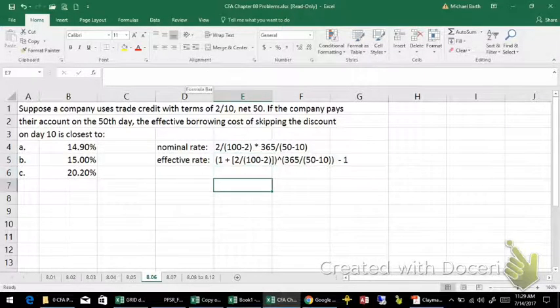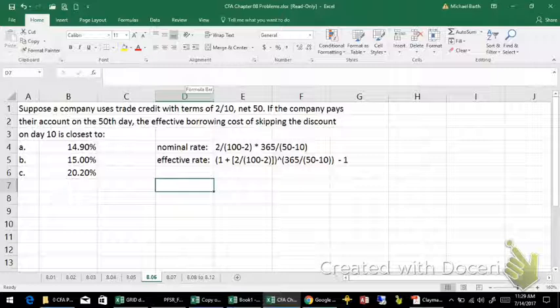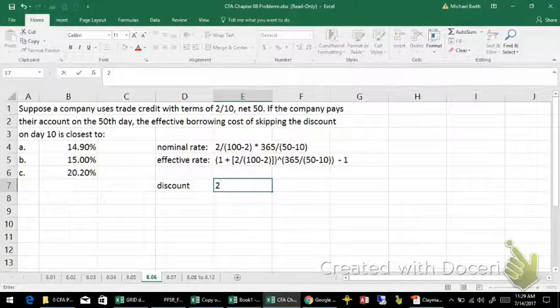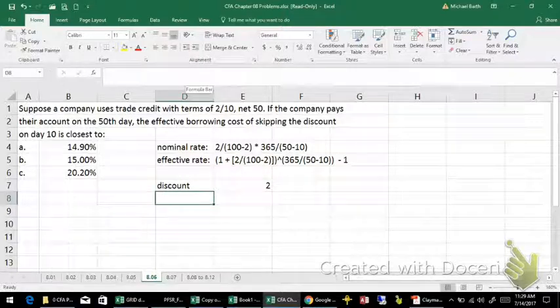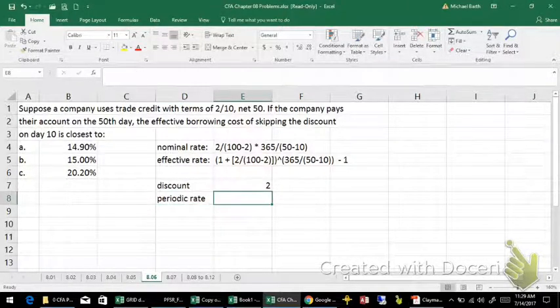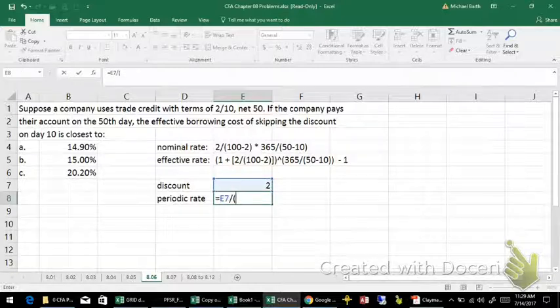Okay, so with this, what I have is the discount is 2%. The periodic rate would then be equal to 2 divided by 100 minus 2.